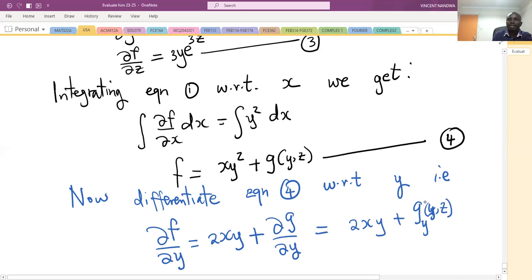This just means the partial derivative with respect to y. So call this equation 5.